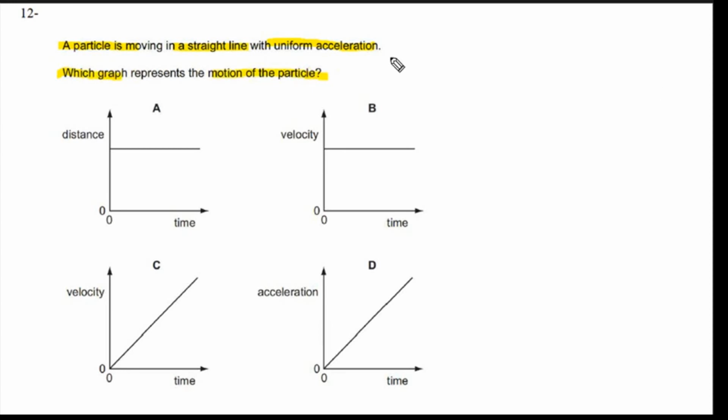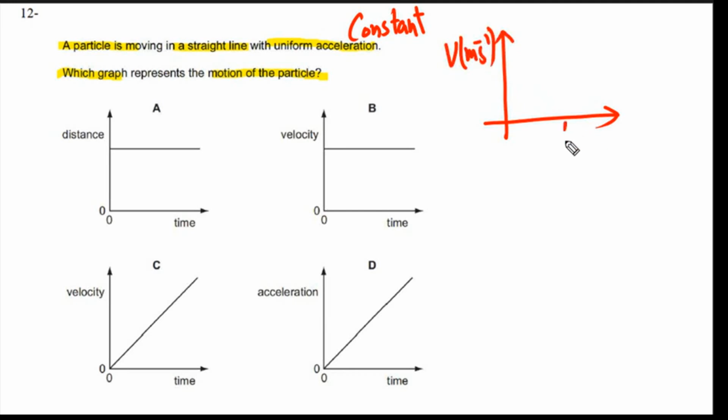In order to answer this question, the first thing we have to understand is that the acceleration is constant. Uniform is sometimes a little confusing for some students, so we can also say constant. Constant acceleration simply means that if we have a velocity-time graph, with velocity on the y-axis and time on the x-axis, the gradient has to be constant.